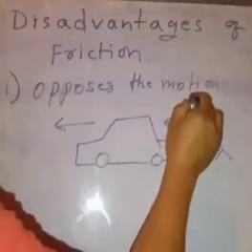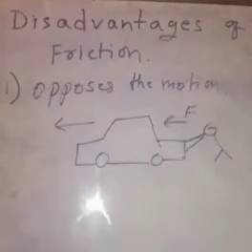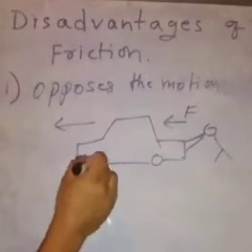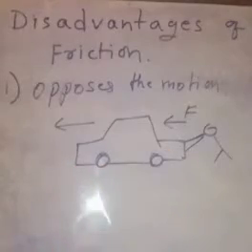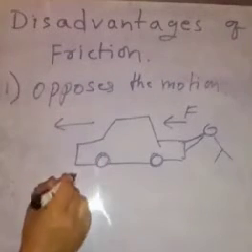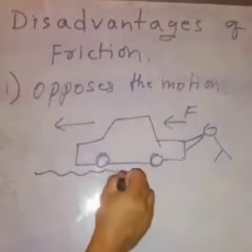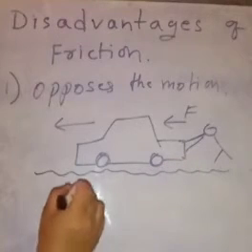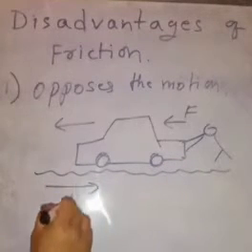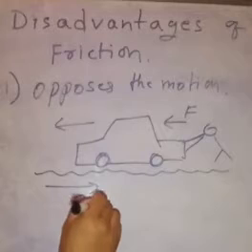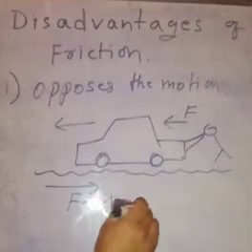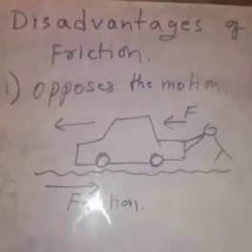That means you have applied the force F, and it starts to move. But you will feel that it becomes very difficult to push the car. The reason is that on this road, on this surface, there is an opposite force which is called friction. It means now you cannot push the car easily.